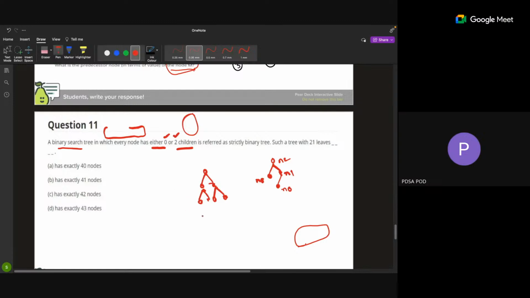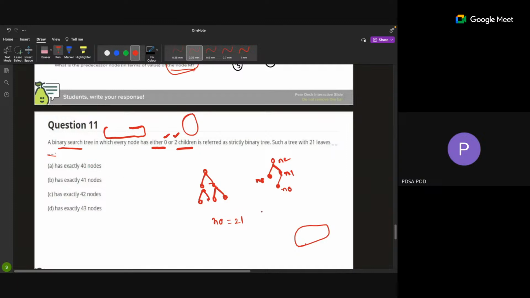So as I said, leaves are N0, which is going to be 21. Now, whenever strictly binary tree is there, there is another standard formula to find out the number of nodes. They are asking how many number of nodes there are, because in the fill in the blank, they want to fill it with the number of nodes.